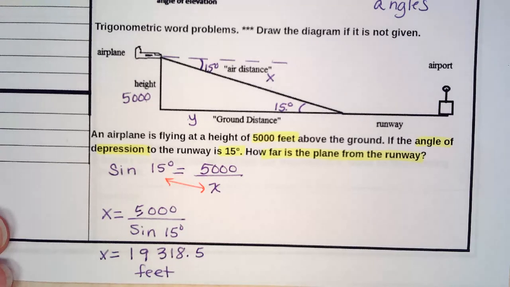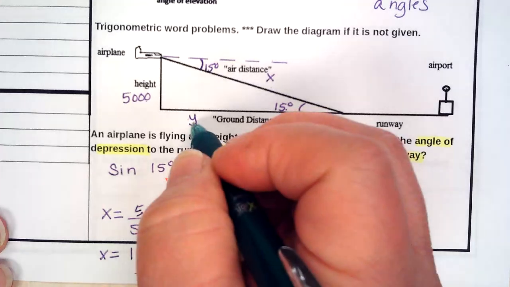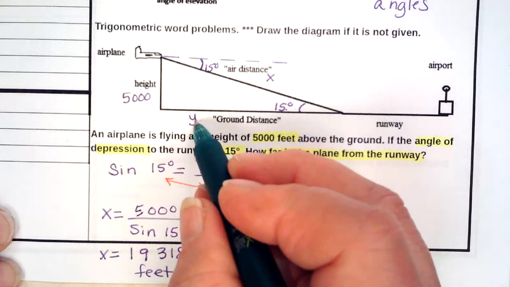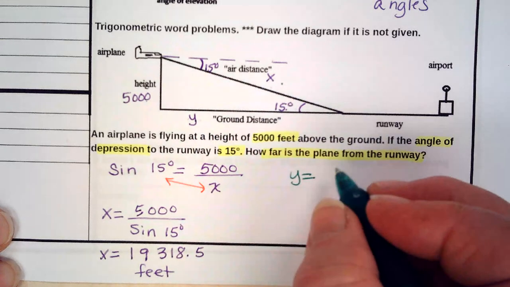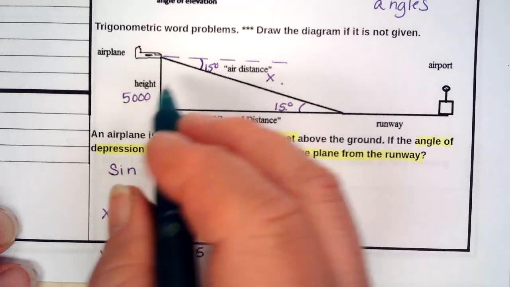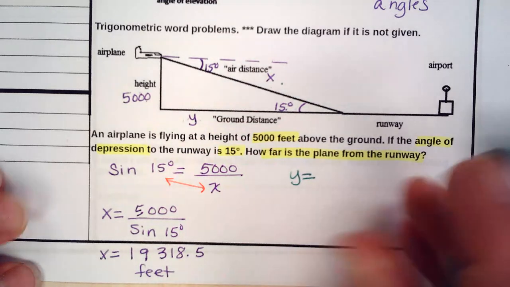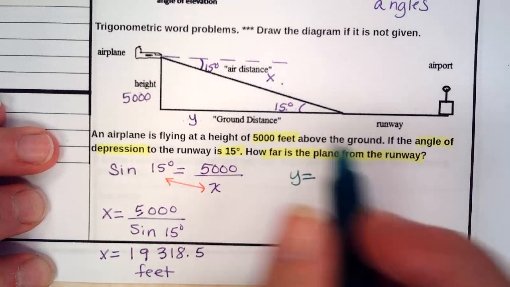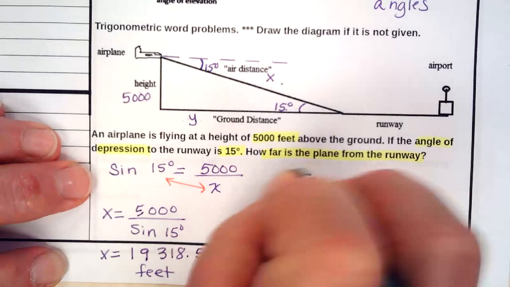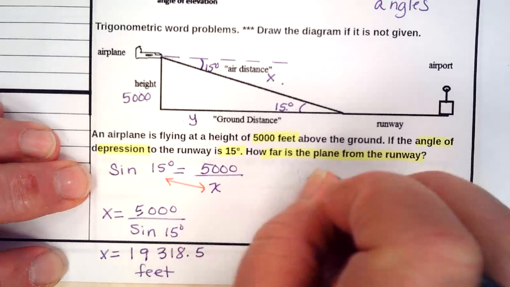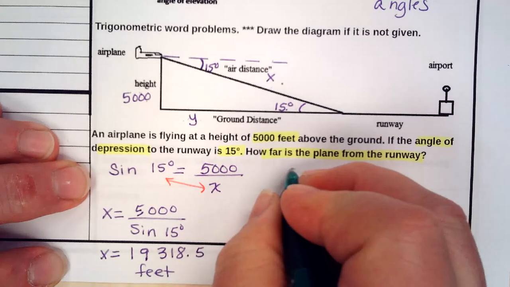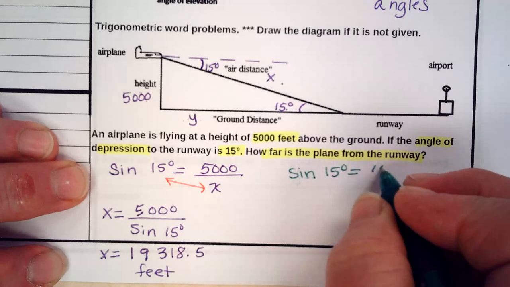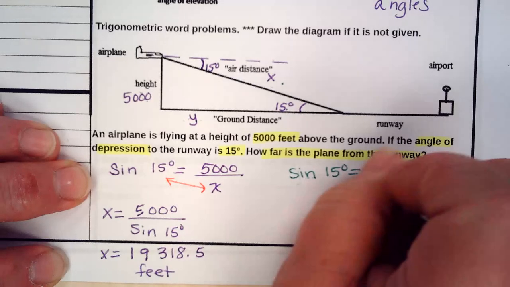Okay, so if we're looking at the ground, if we're looking at y, this is your opposite and adjacent. So the sine of 15, I started out wrong. The sine of 15 degrees is equal to 5,000 divided by y.